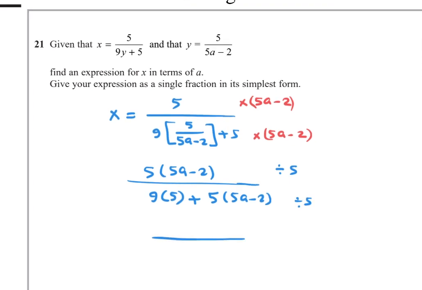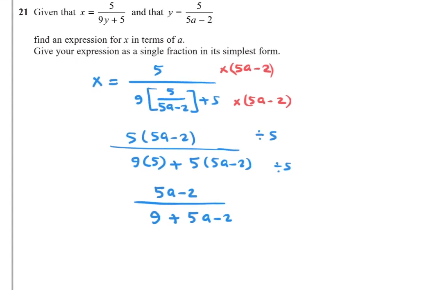When you divide 9 times 5 by 5, you have 9. And when you divide this term by 5, you are left with 5a minus 2.